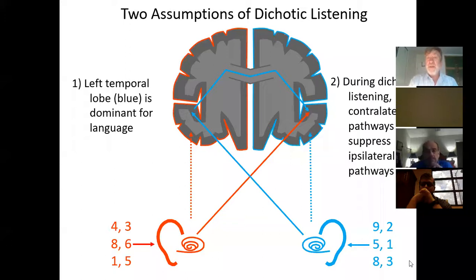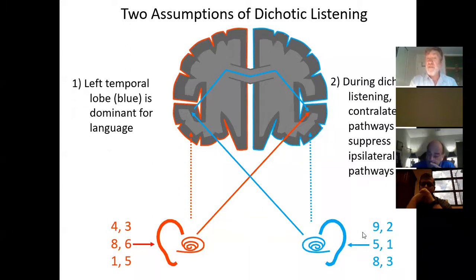The first assumption is the left temporal lobe is dominant for speech. Second assumption, during dichotic listening, and only during dichotic listening, the ipsilateral pathways are suppressed, the contras rule. All right, now back to the picture. Here you go.